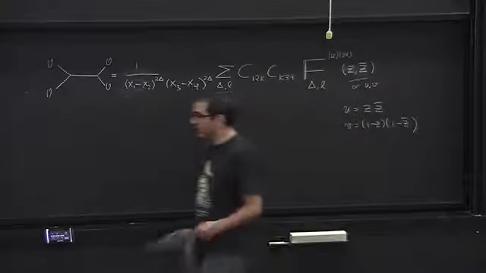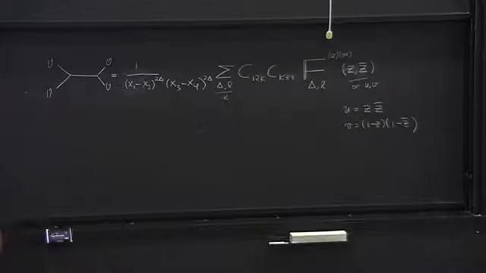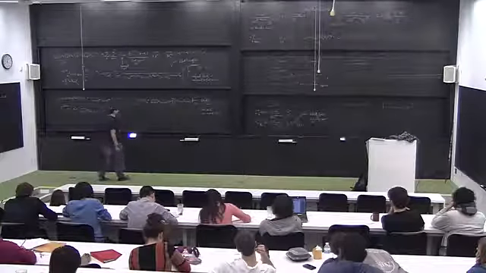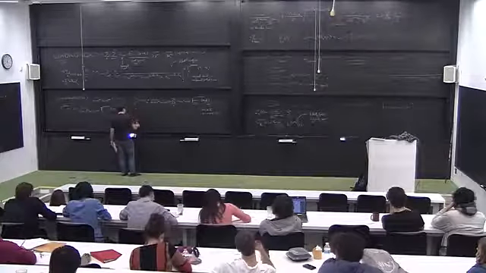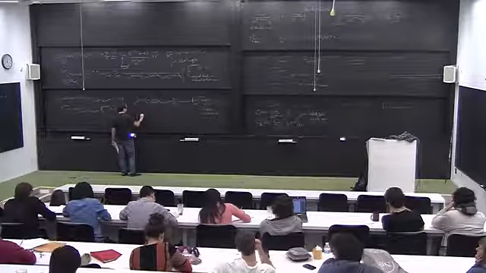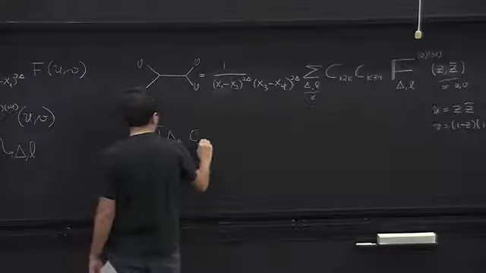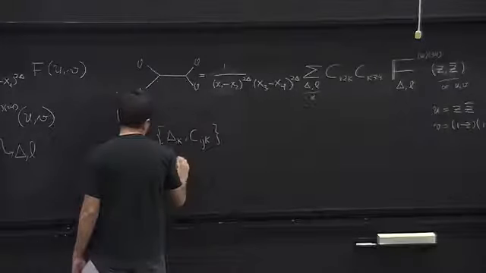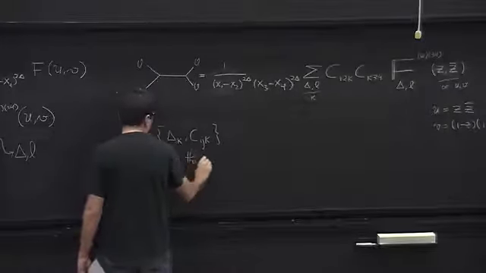I'm just writing z and z bar because explicit expressions are a bit nicer in terms of z and z bar rather than u and v. But what is definitely important to emphasize is that the set of deltas and structure constants fixes the 4-point function.